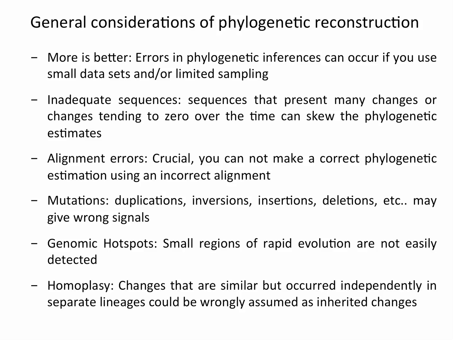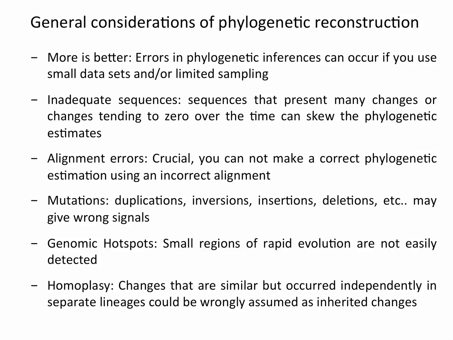There are other considerations of phylogenetic reconstruction. Among these, do not use very small data sets. You have to select carefully the sequences to align, not too distant and not too close.